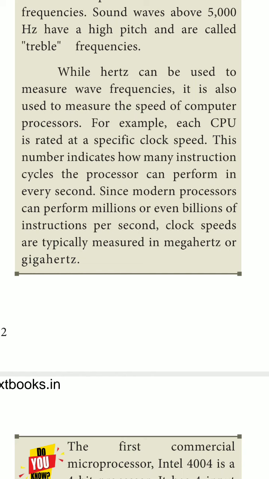So in a CPU, the number of instructions executed per clock pulse is measured in hertz. In modern CPUs more instructions are executed per clock pulse, so it is given in megahertz or gigahertz.